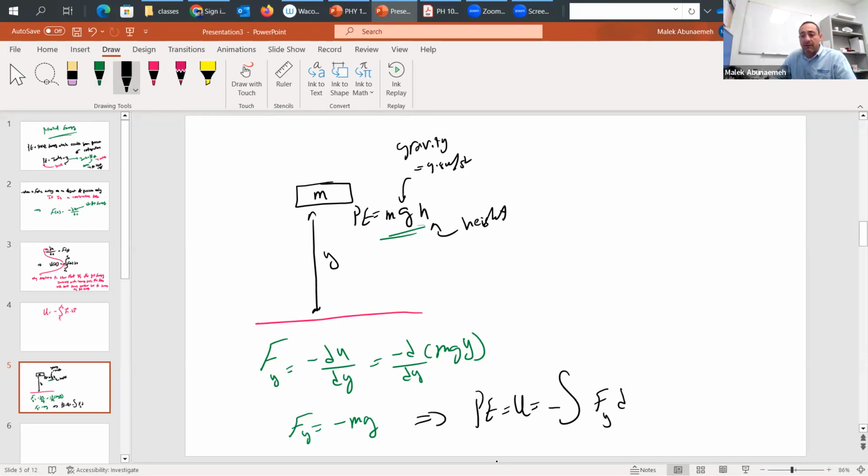So this is the integral of F of y dy, which equals minus the integral of minus mg dy, which equals mg times the integral of dy, which equals mgy.